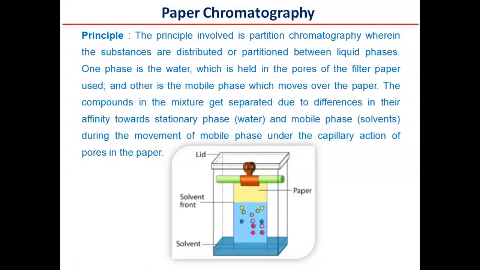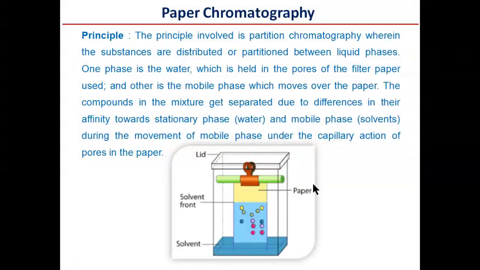Next is a solvent, which we use as the mobile phase, a carrier for the constituents of the mixture, which moves upwards. This upward movement of the solvent and the components of the mixture is under the influence of capillary action. We'll see that in a little more detail in later slides. So this is all about the principle of paper chromatography.